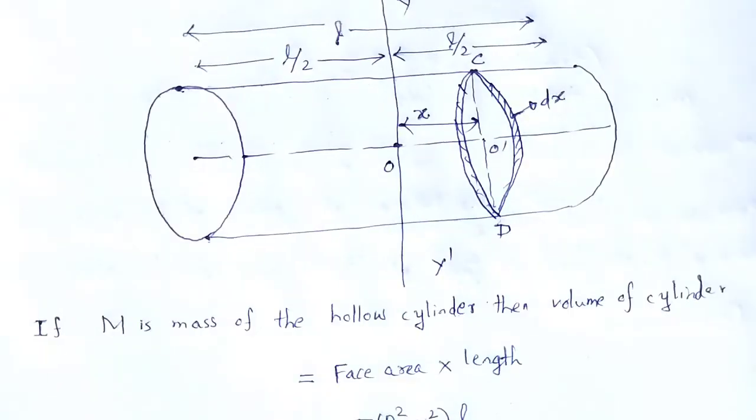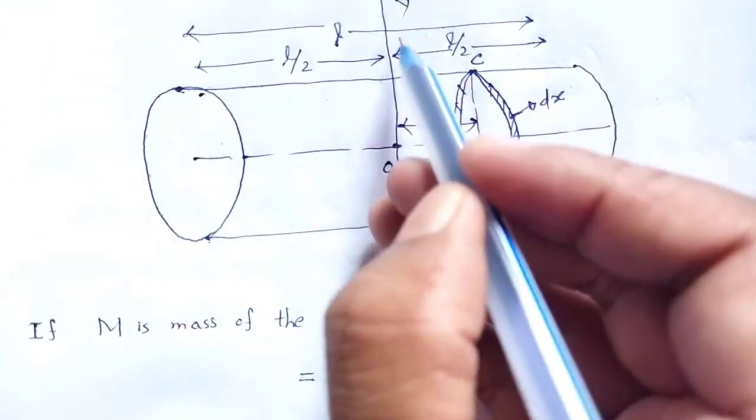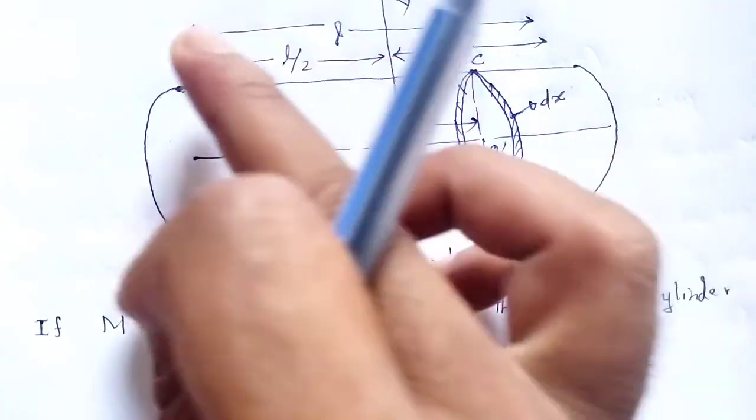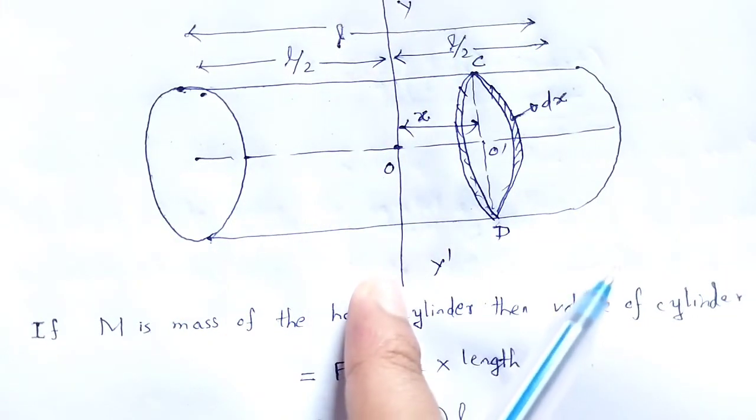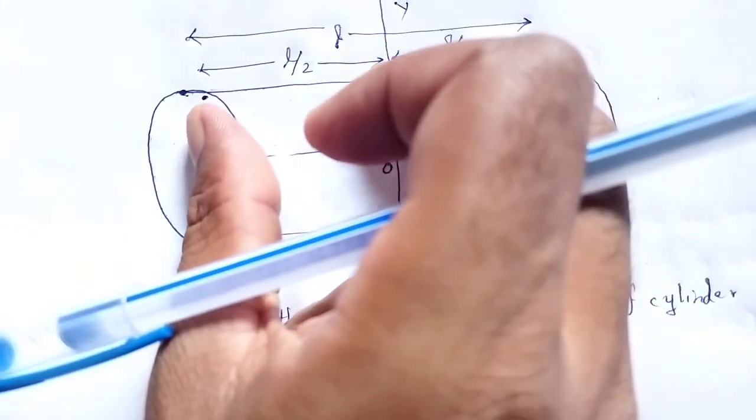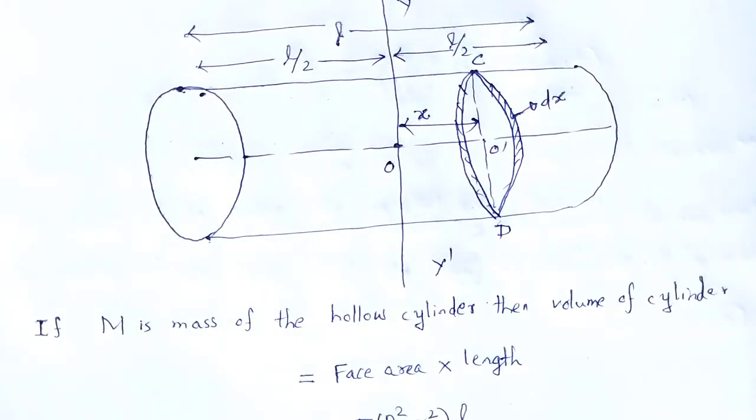Look at the figure, that is the entire moment of inertia of the hollow cylinder about the axis y dash. We use the limit minus L by 2 to plus L by 2.